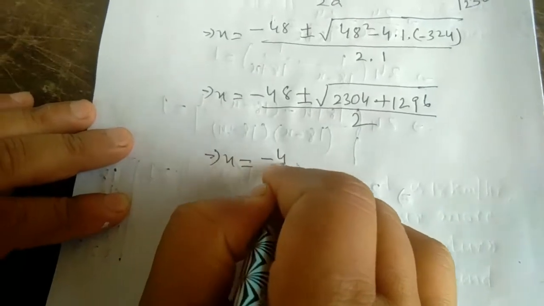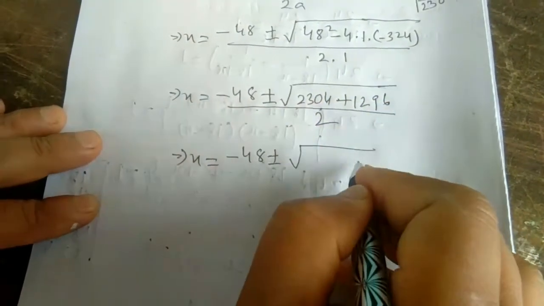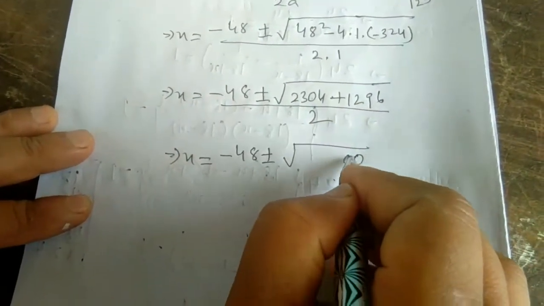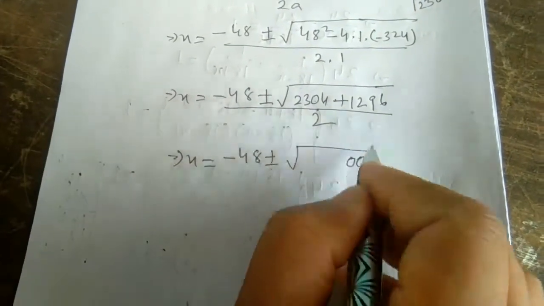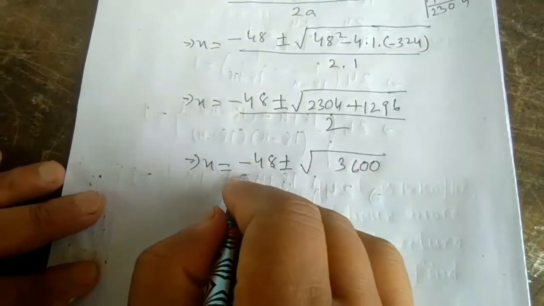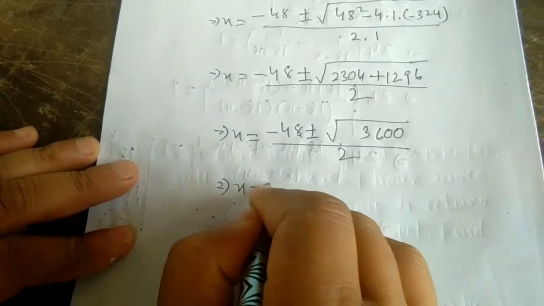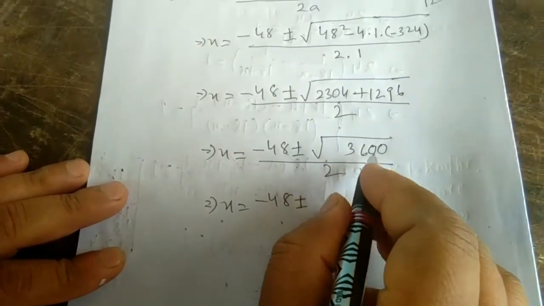Plus x equal to minus 48 plus minus root of, you add 4 plus 6 is 10, 0 in 1, 0 plus 9 is 9, 9 plus 1 is 10, 0 in 1, 3 plus 2 is 5, plus 1 is 6, 2 plus 1 is 3. It is 3600 by 2. X equal to minus 48 plus minus, we will find the square root of 3600.